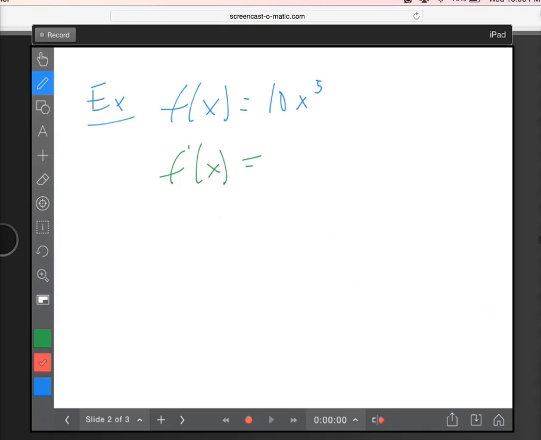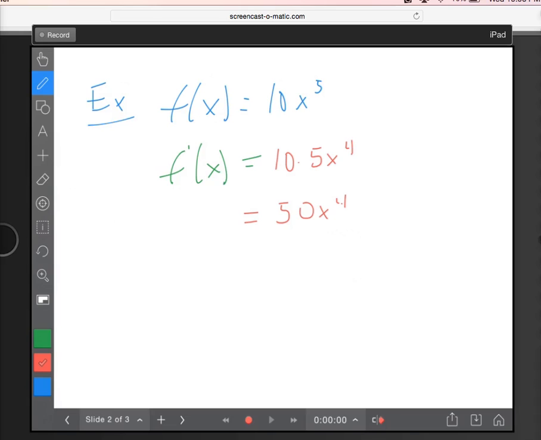Based upon what we've done so far, if we use our power rule to find the derivative of this function, we would have that f prime of x would equal 10 times 5x to the 4th power. And if we simplify this, we would just get 50x to the 4th power.